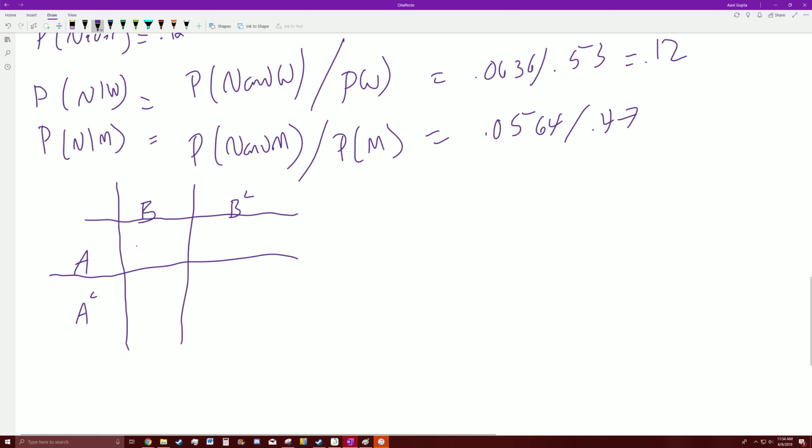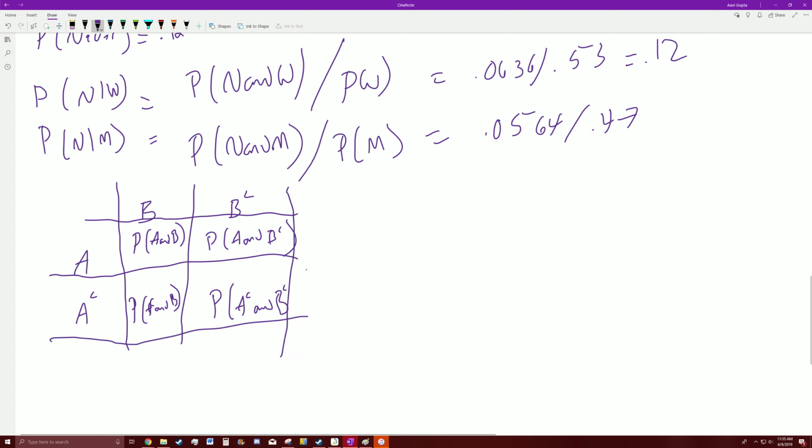Here we go. So this is equal to the probability of A and B. This is A and B complement. This is A complement and B. This is A complement and B complement. Okay, and then these are all your total probabilities.